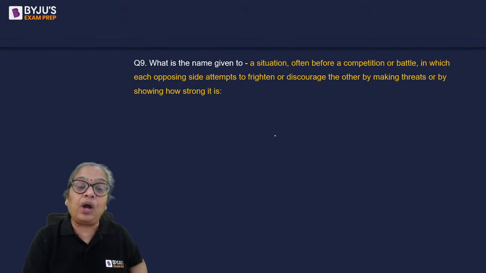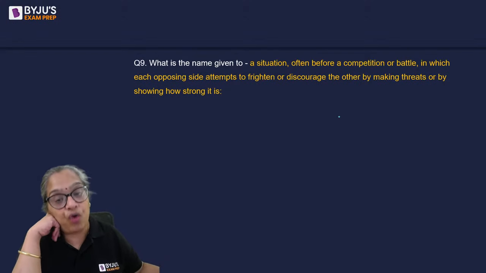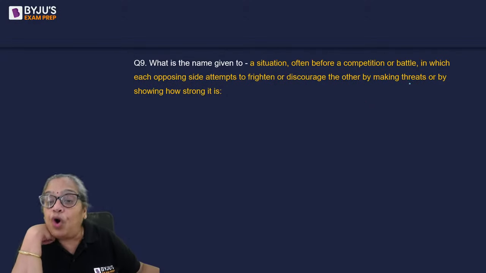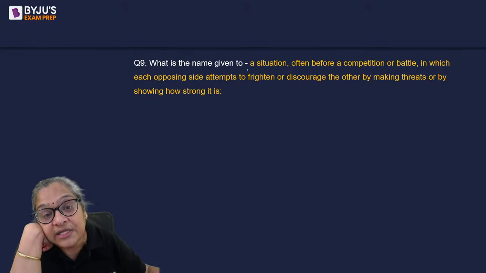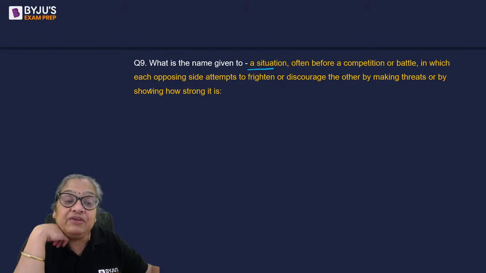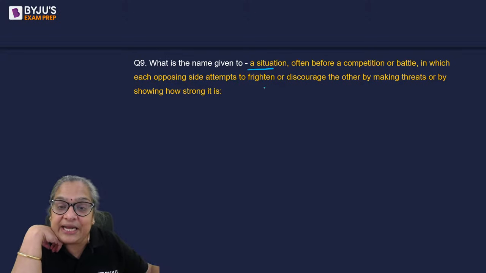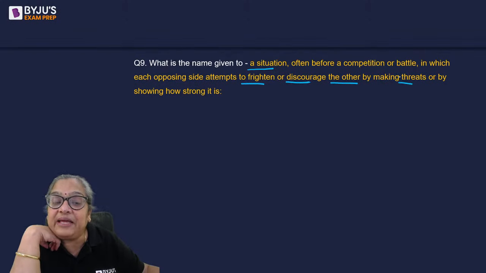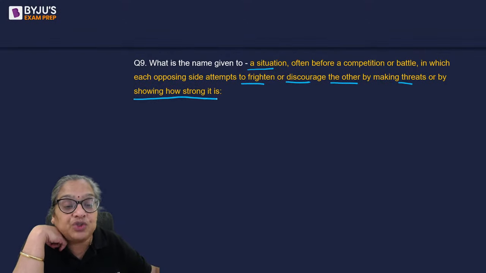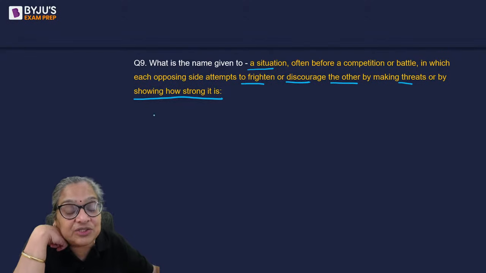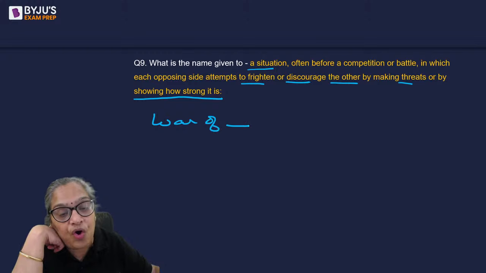All right. What is the name given to a situation, often before a competition or a battle, in which each opposing side attempts to frighten or discourage the other by making threats or by showing how strong it is? The Australian cricket team, for example. That is called a war of what?